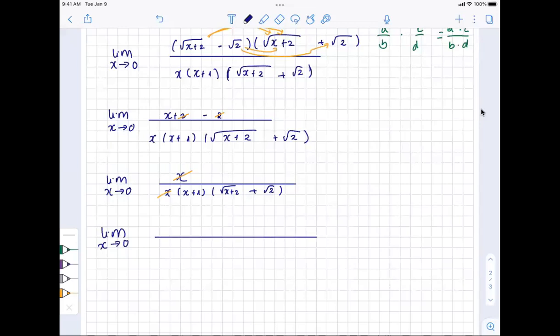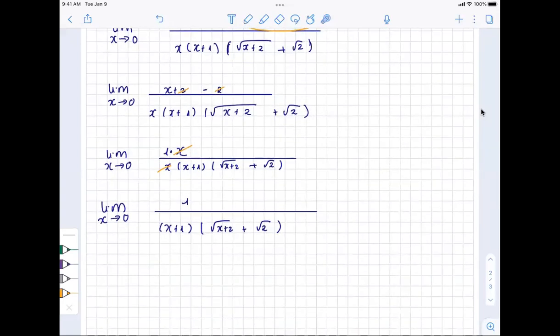If you remember, x is the same thing as 1 times x. So I get 1 over x plus 1 times the square root of x plus 2 plus the square root of 2. Now the problematic x is gone. The troublesome part is gone.